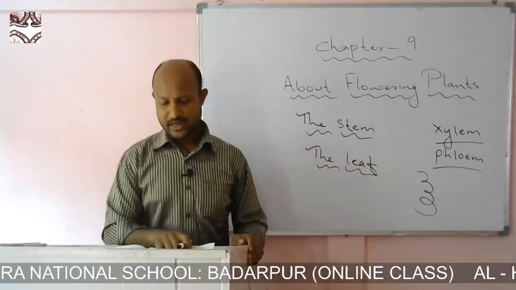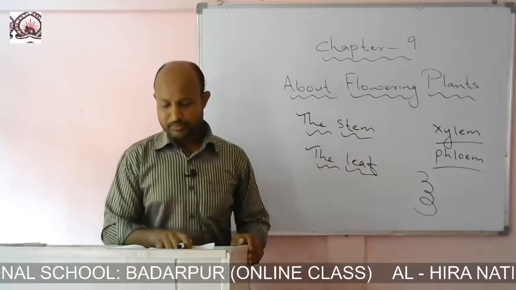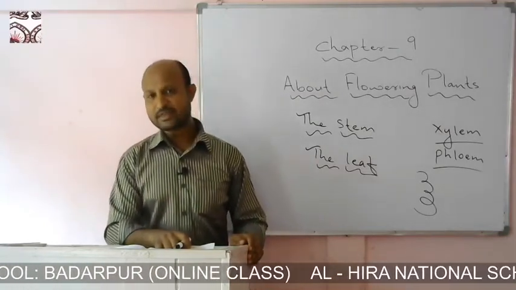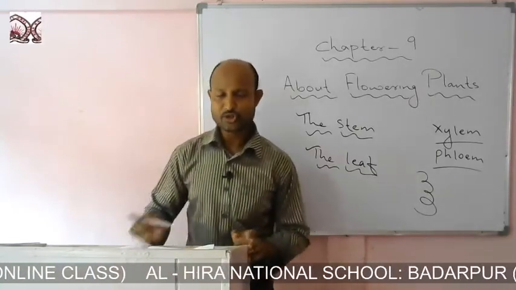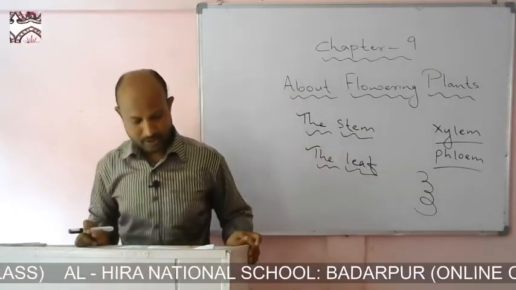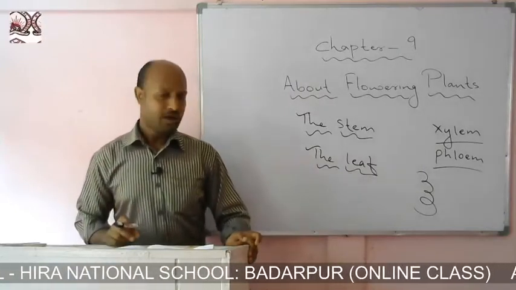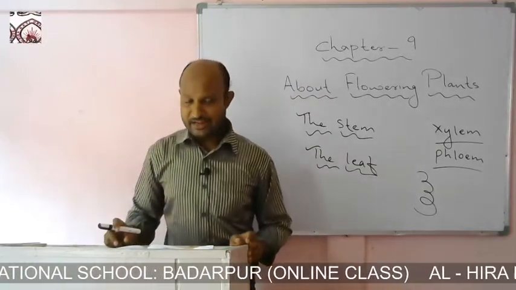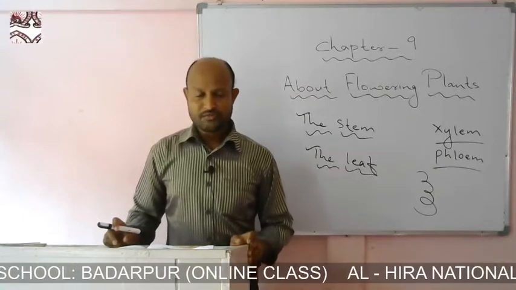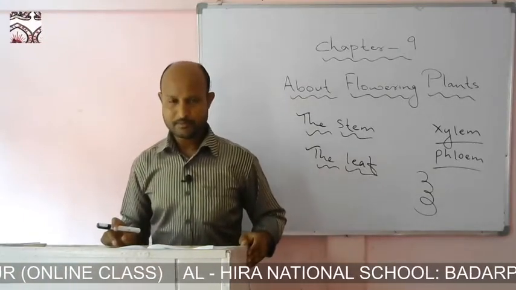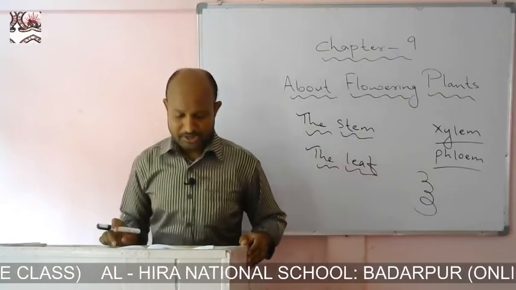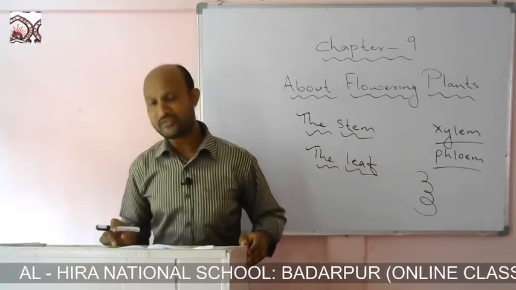So these veins and the midrib that we find on the leaves help in giving support to the leaf, and they also help in transporting water, minerals and food to and from the leaf. If we learn about the veins, the leaves have got two different types of venation. Some leaves have got parallel venation and some leaves have got reticulate venation.